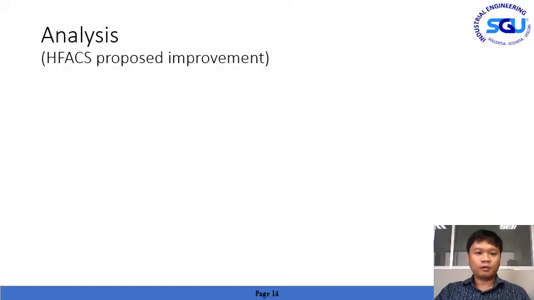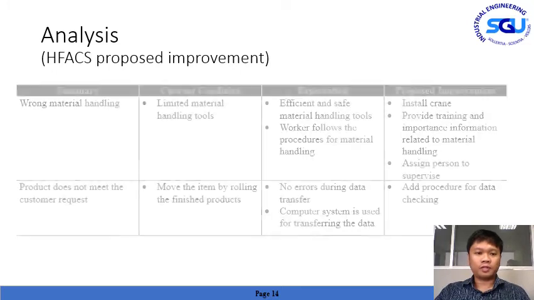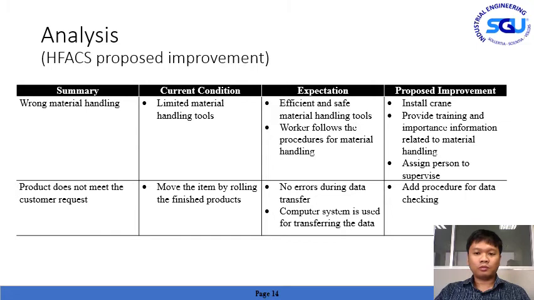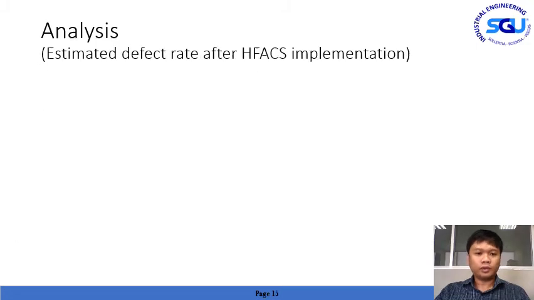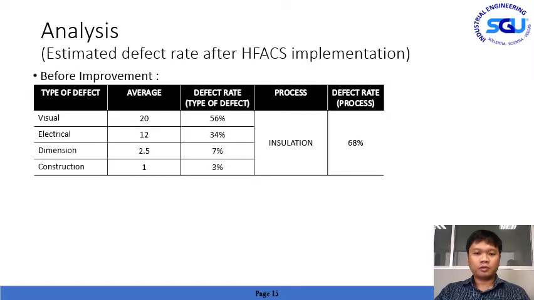And then we propose improvements using the HFACS. We propose to install a crane in the factory and then provide training related to material handling, assign a person to supervise, and add a procedure for data checking. Then we estimate the defect rate using simulation if we implement the HFACS.